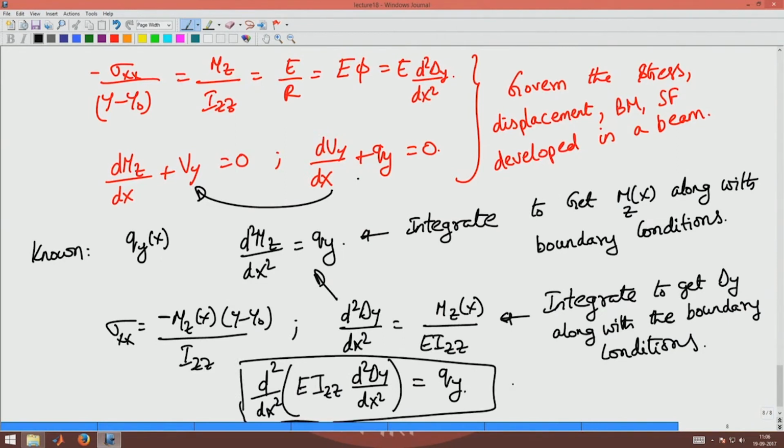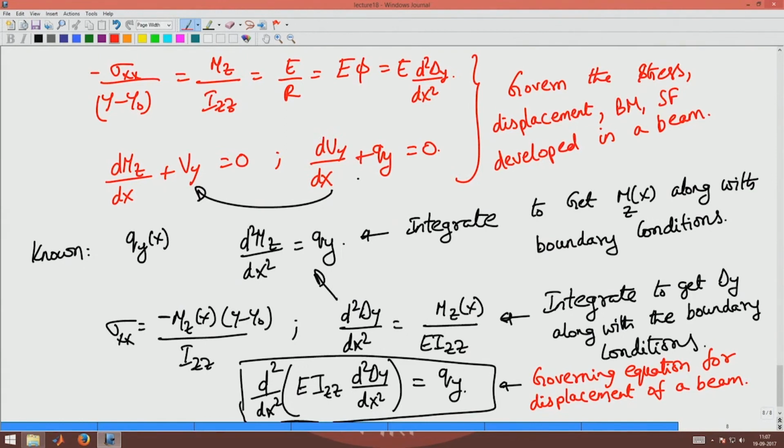So, this is the governing equation for displacement of a beam. That is the Euler-Bernoulli equation for the displacement of the beam.